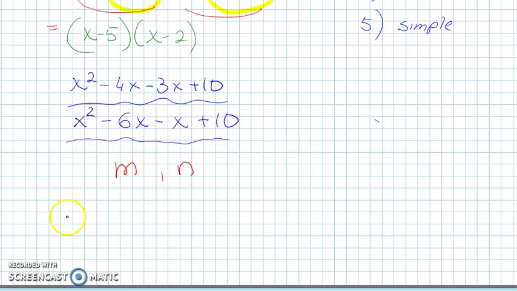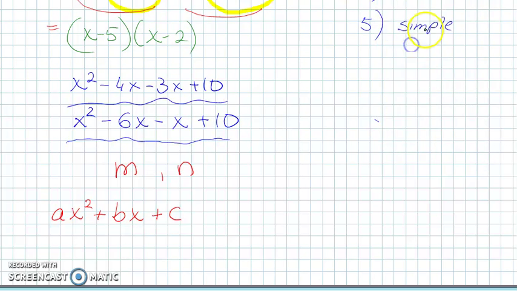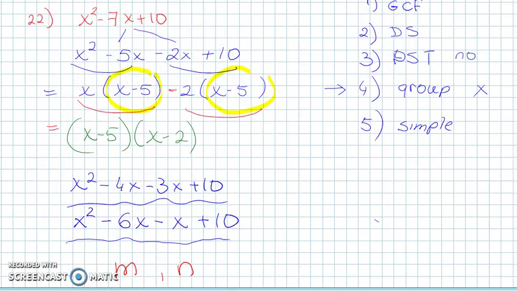So I'm going to show you how to use this method. First, I will write the trinomial like this: ax squared plus bx plus c, where a, b, and c are real numbers. In the example that we had, a is 1, b is negative 7, and c is 10.